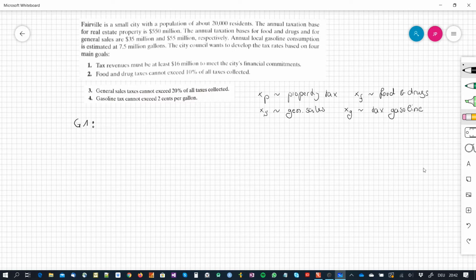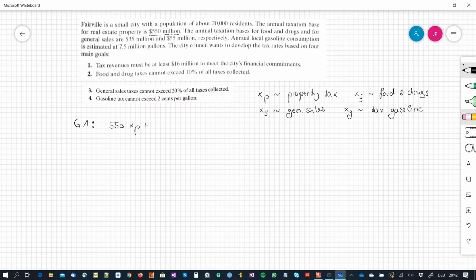That is that the $550 million is the overall property tax. So we include now all taxes together to exceed or to be at least the 16 million.